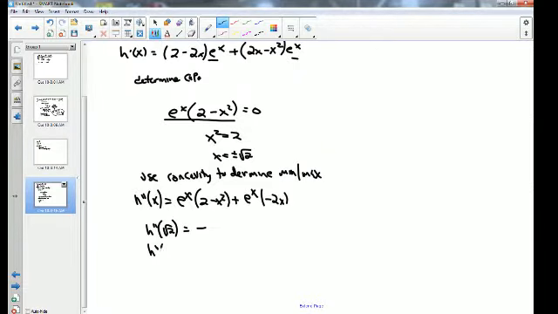And h double prime at negative root 2 is going to be a positive, because that makes it positive, right? Negative times a negative. All right, so at root 2 is a critical point, and it's concave down, maximum. Negative root 2, concave up, critical point, minimum, right? That's the second derivative test.